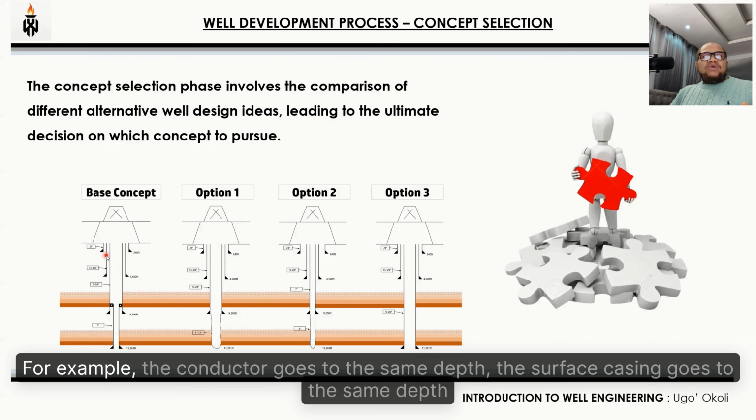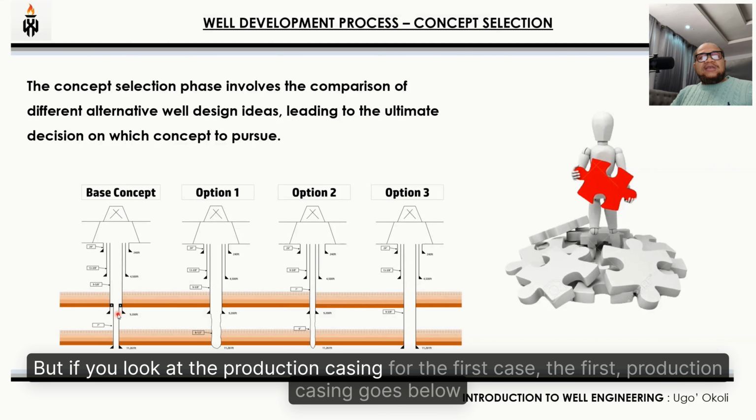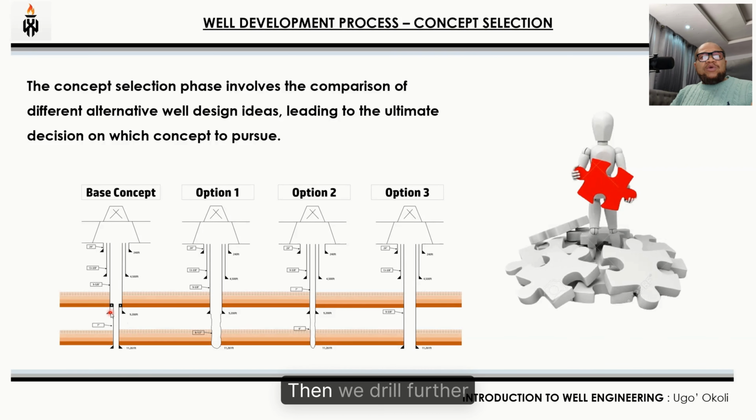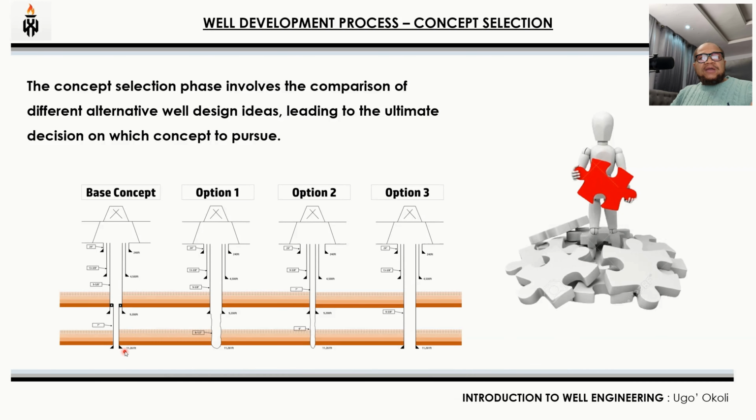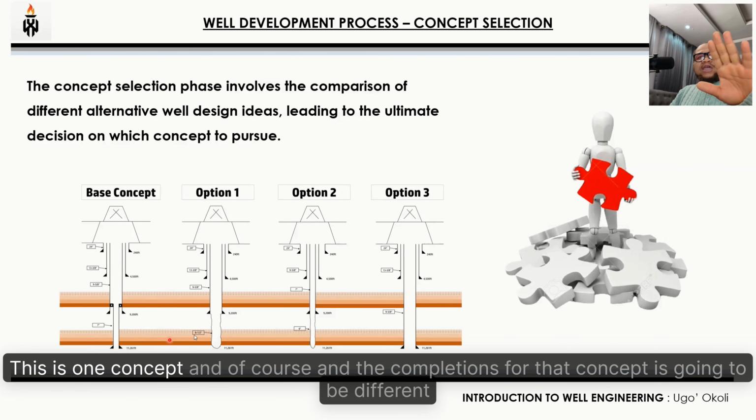For example, the conductor goes to the same depth, the surface casing goes to the same depth. But if you look at the production casing for the first case, it goes below the first reservoir. Then we drill further, an 8.5 inch section, then run a 7 inch liner. This is one concept, and the completions for that concept are going to be different.